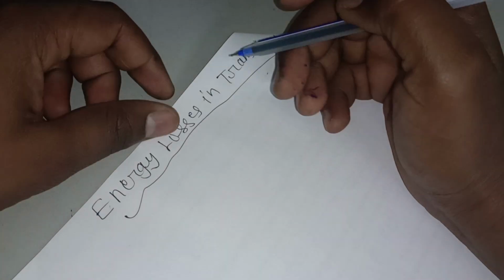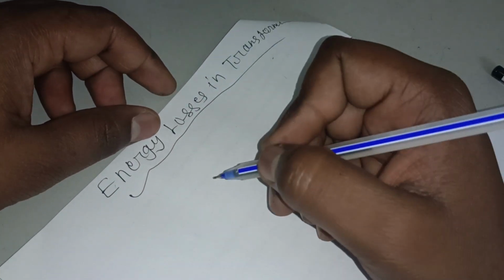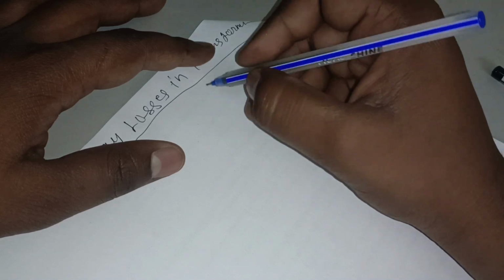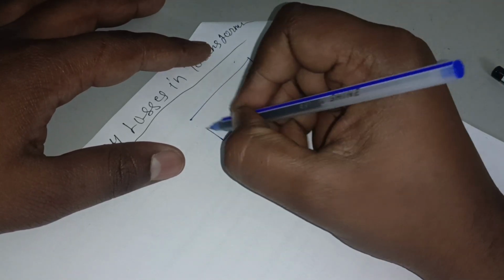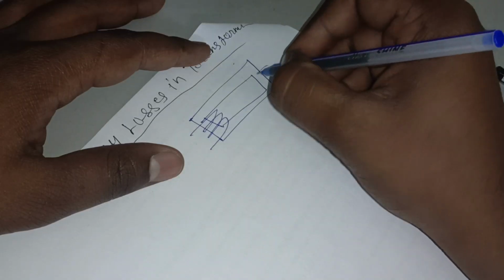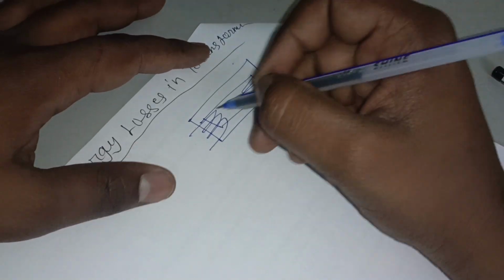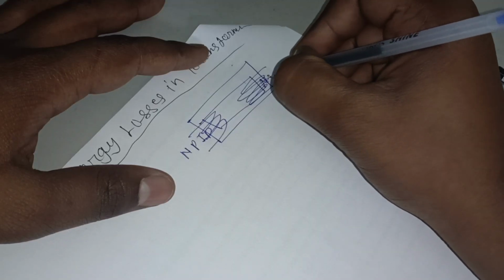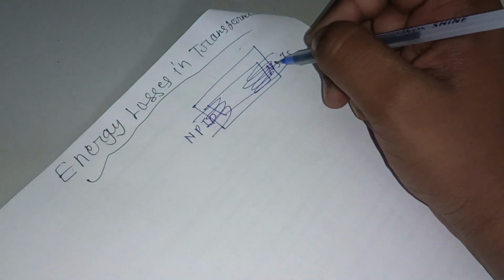Sorry, camera was not able to focus. So first of all, let's draw the transformer. I'm just drawing roughly. And P, IP, and S, IS.